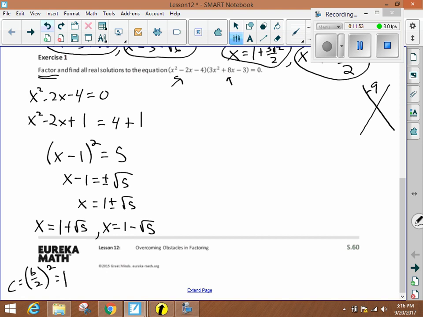And b is 8. Hey, I think this one works. I could have positive 9 and negative 1. Yes. That means that it is indeed factorable, right?